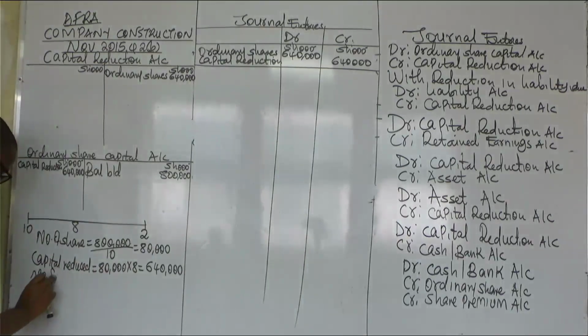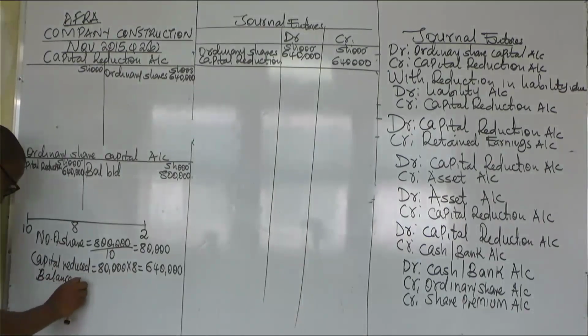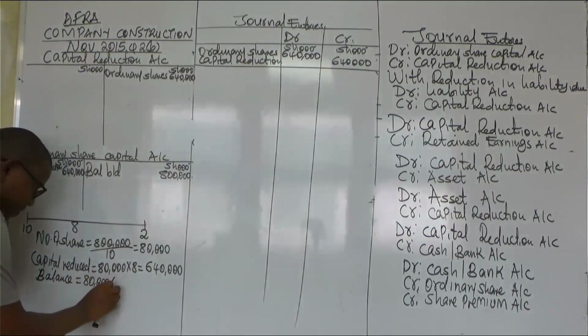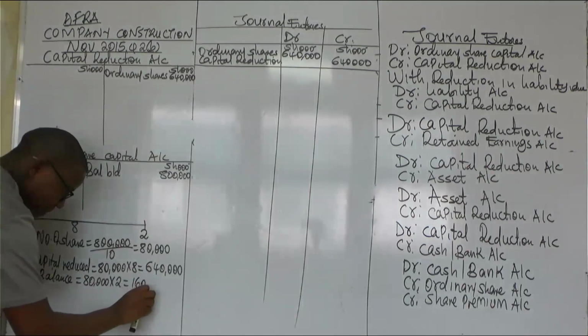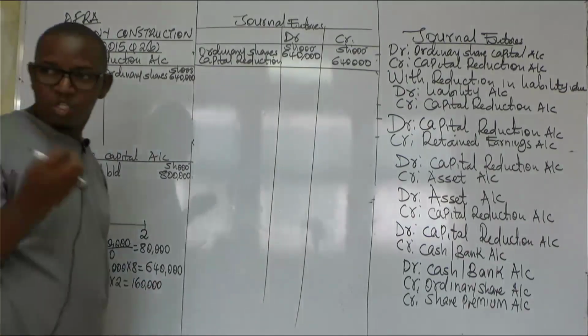Let's see, the balance is having 80,000. I multiply by how much? 2. Which is how much? 160.